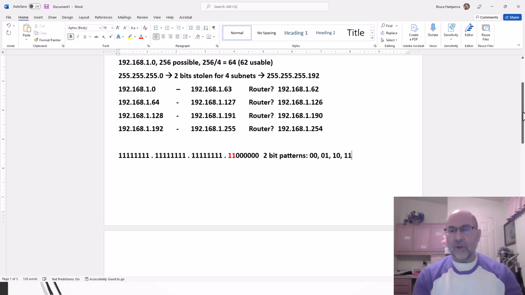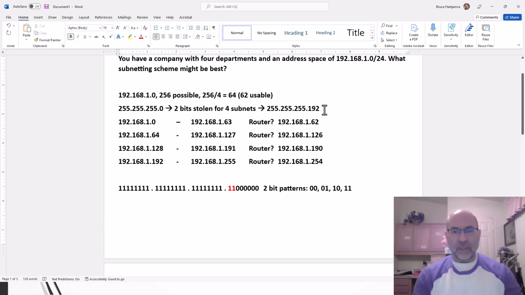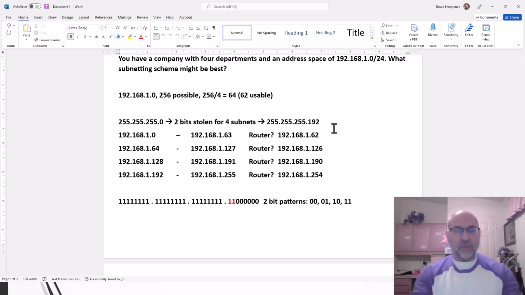Now, I'll just remind us about this. If I take my classful address space and convert it to binary, I go 128, 192, and then 1, 2, 3, 4, 5, 6.